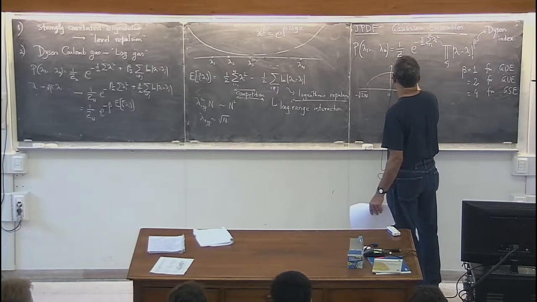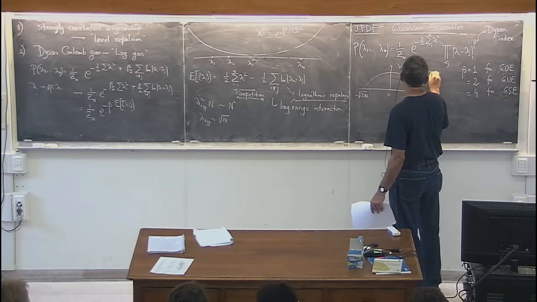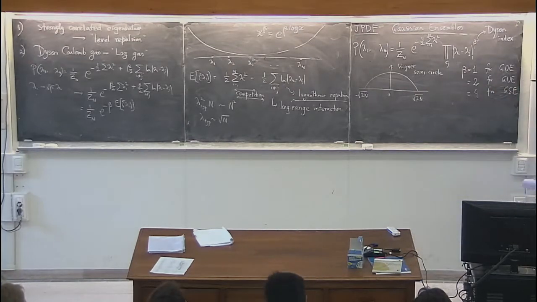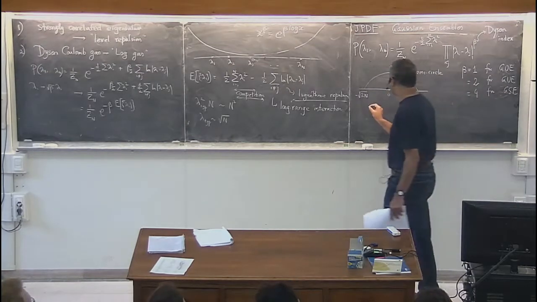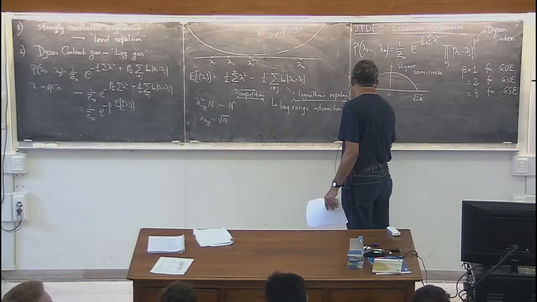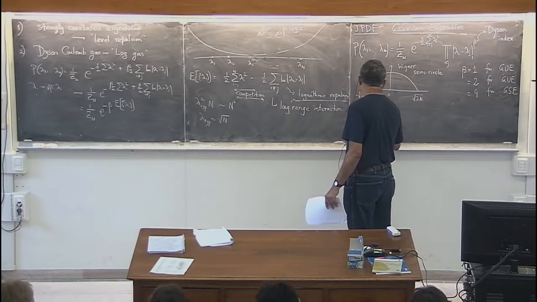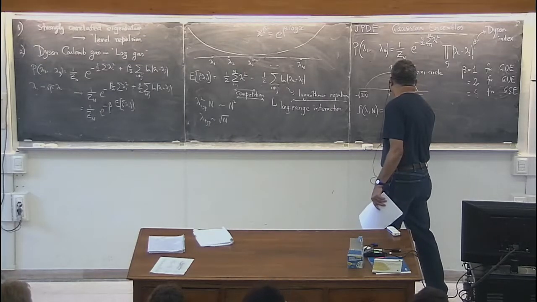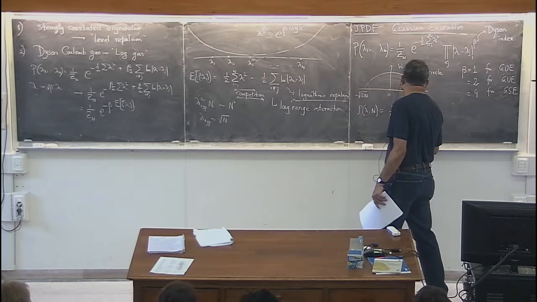Okay. So how will I calculate the density? Given this joint distribution, the density, normalized to 1, is defined like this, where this expectation value is with respect to this probability distribution.